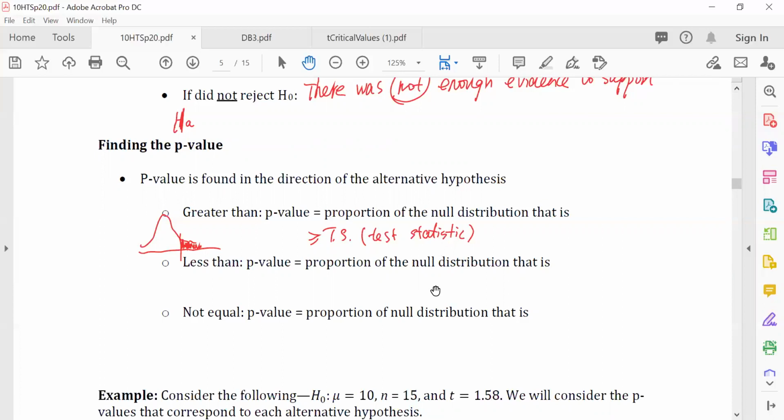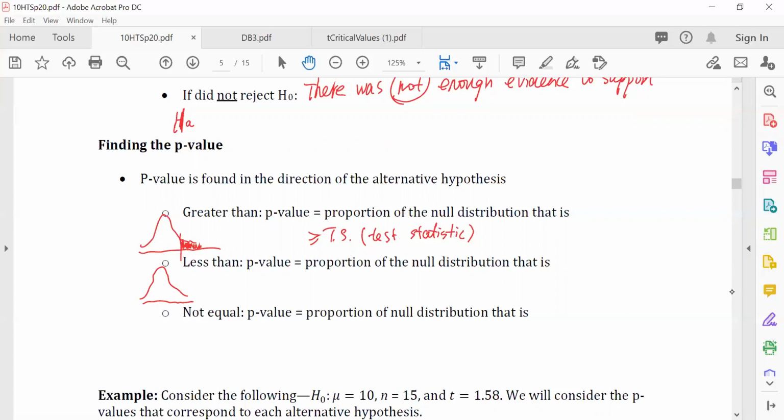Similarly, if your alternative hypothesis is a less than sign, then, sorry for my drawing in this note instead of in a pencil, it's really bad.